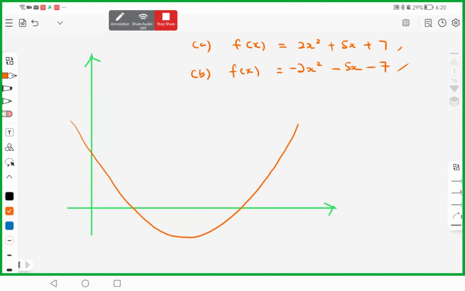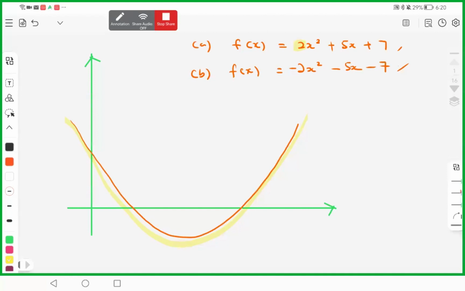A, right? Okay, so what's the reason? Because the value of a is positive and the curved line is U-shaped. So if it's U-shaped, the value of a must be positive. Just simple like that.